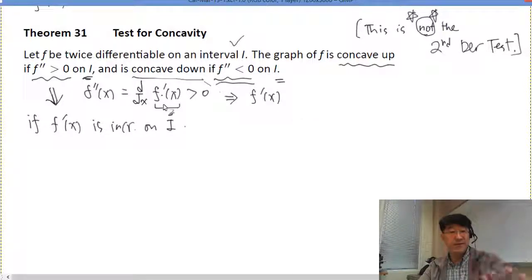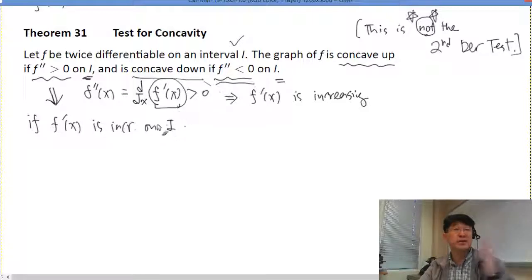So if I'm looking at this function, whatever that is, its derivative is positive by the first derivative test, so this is increasing. Whatever function I differentiate is increasing. That's exactly this condition, right? By the definition of concave up.